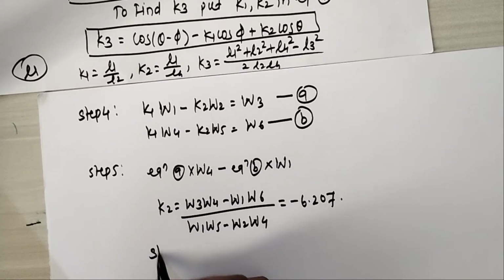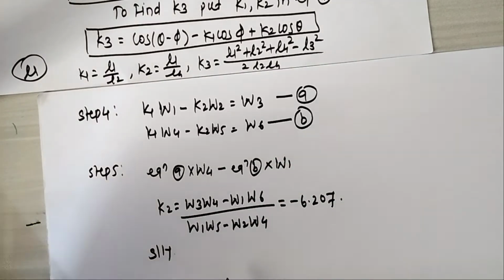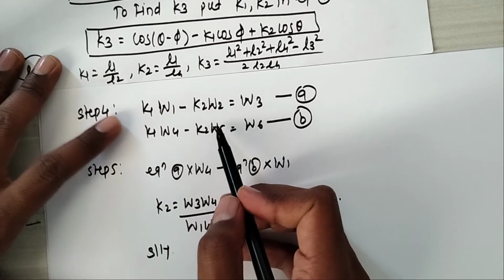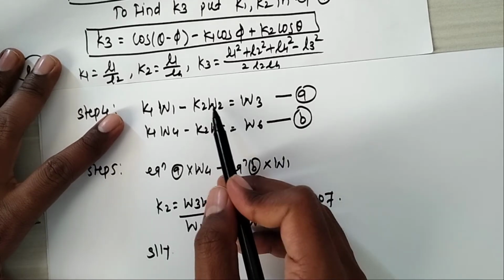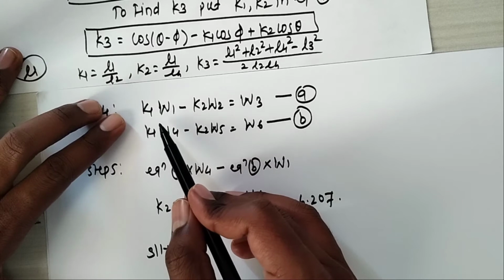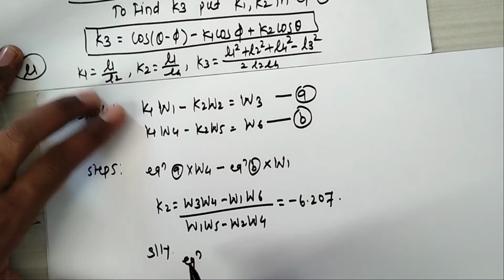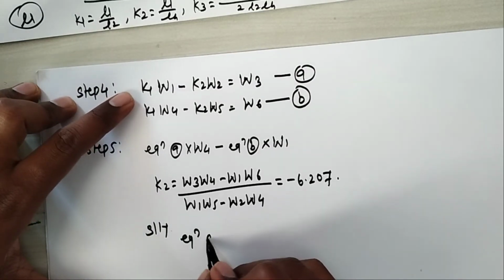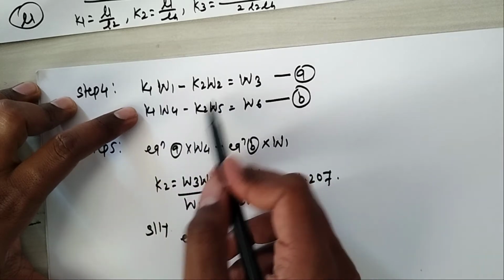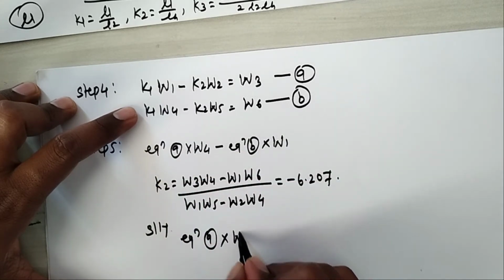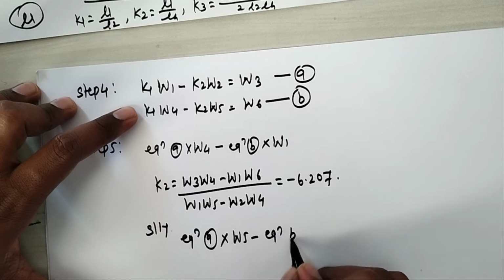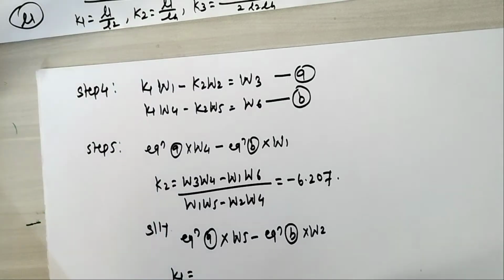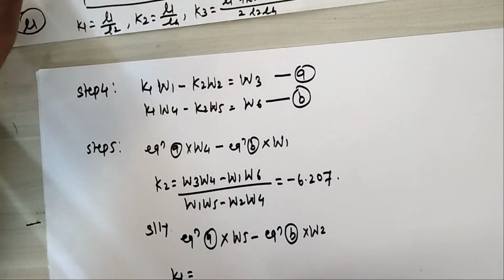Similarly, solve these two equations to obtain the value of K1. And how do we obtain K1? To obtain K1 I have to cancel K2. So multiply A by W5 and B by W2, subtract B from A, we get K1. So equation A into W5 minus equation B into W2 gives me K1, and the equation for K1 we already discussed in theory.